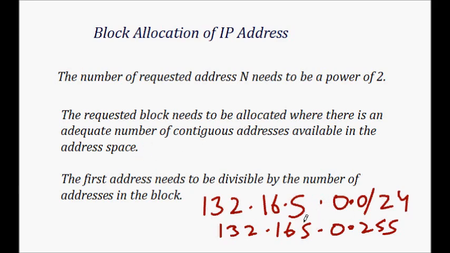We want the allocated addresses to be contiguous so that you can route and make the subnets better. The first address needs to be divisible by the number of addresses in the block.